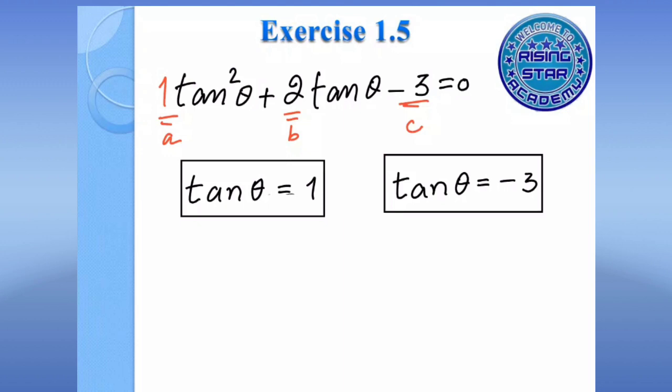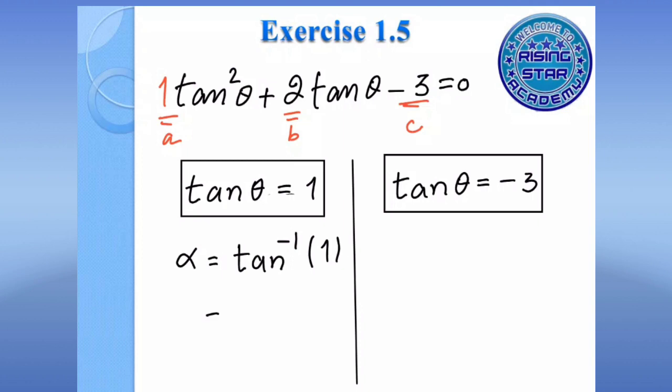Now I will simplify both functions. So we need to find the basic angles. So alpha is equals to tan inverse of 1, and we know that that would become pi by 4. Sorry, here we will write in degree. That is 45 degree.